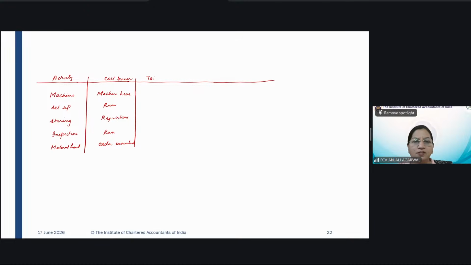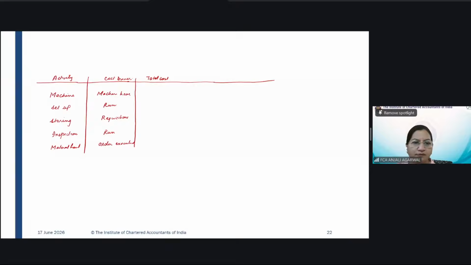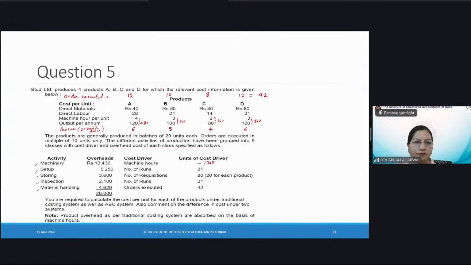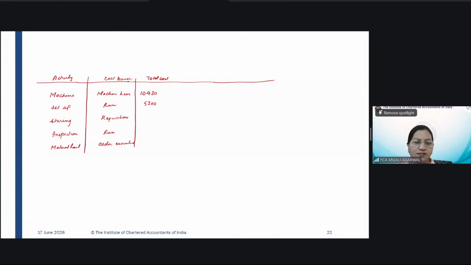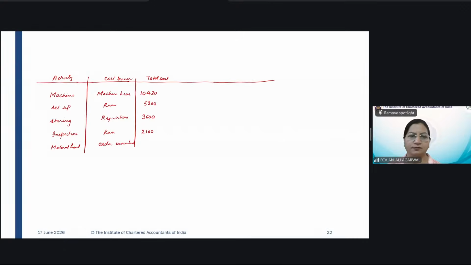Then you have the total cost: 10,430, 520, 5250, 3600, 2100, 4620.